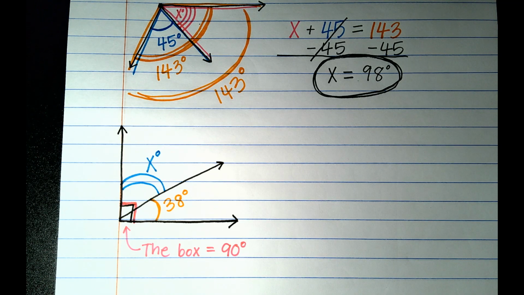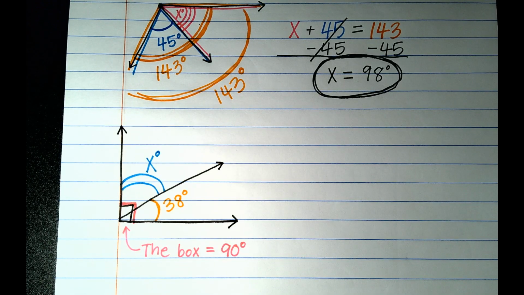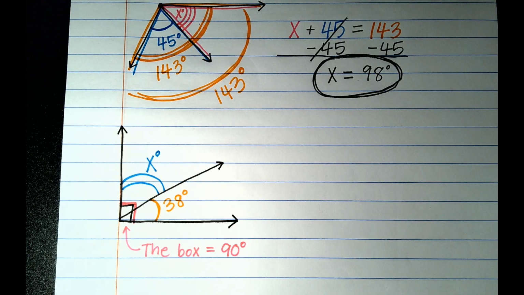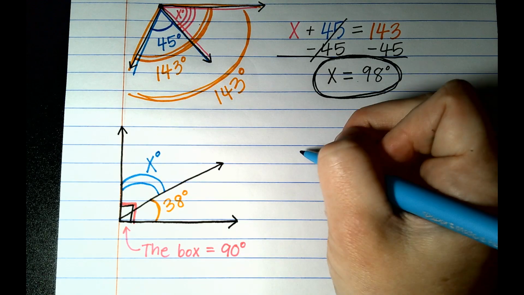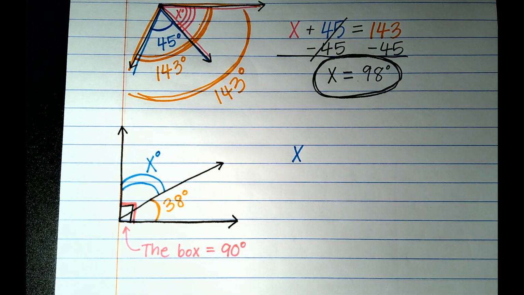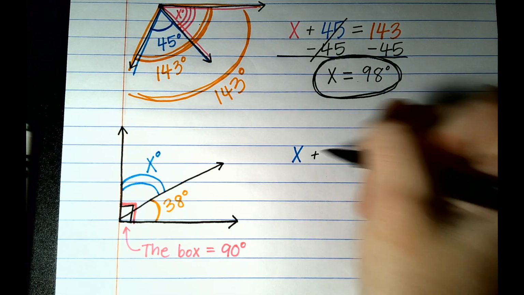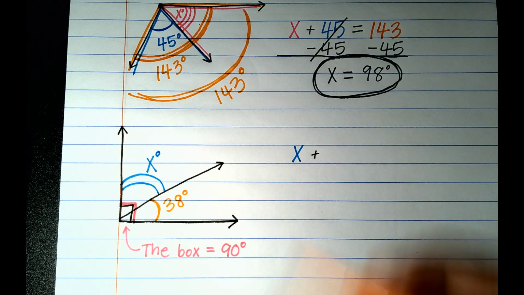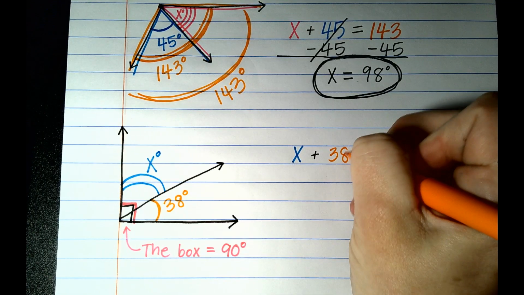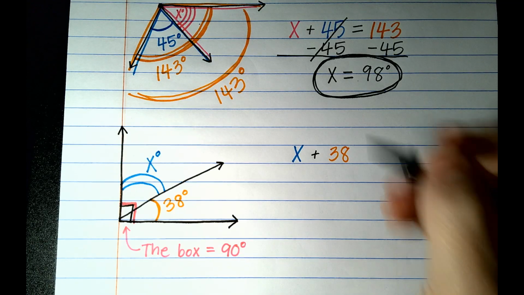Do the same thing you did on top. Pretty much exactly the same thing. So what am I adding together? X plus 38. Those are my two smaller angles. X plus 38 equals 90. Good.